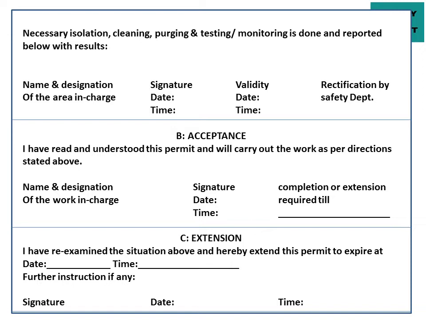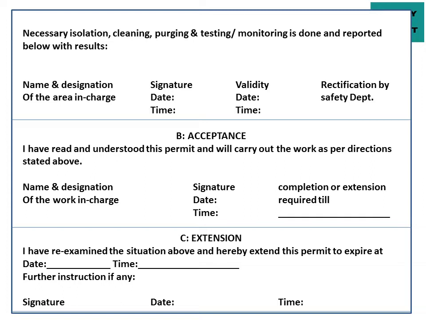Necessary isolation, cleaning, purging or testing, monitoring is done and reported below with the result. So necessary isolation, if electrical work or any pipeline work is going on, is isolation done or not; cleaning, purging, testing, monitoring, are all these operations done or not. After seeing that, the issuing authority will sign here.